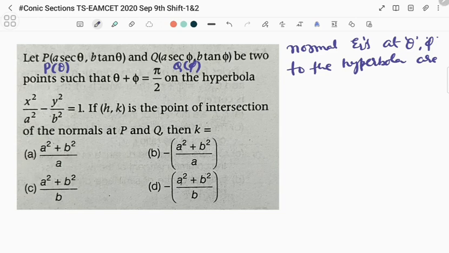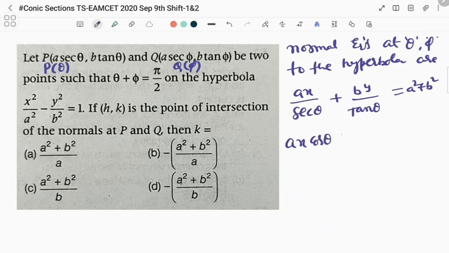ax by secant theta plus by by tan theta is equal to a square plus b square. Better to write the reciprocals in terms of numerator.